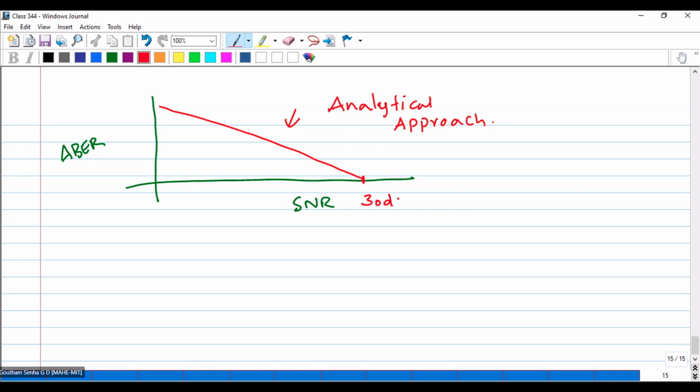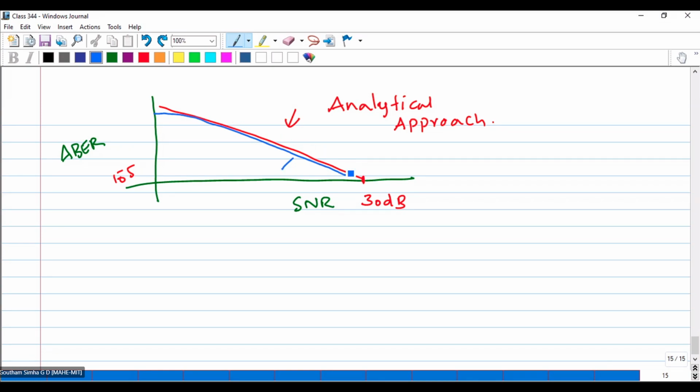Let's say at 30 dB, that is my 10 to the power of minus 5. Now, in practical scenarios, you cannot simply say that you will get the same in Monte Carlo simulations. You may get a little lesser value or a little more value.